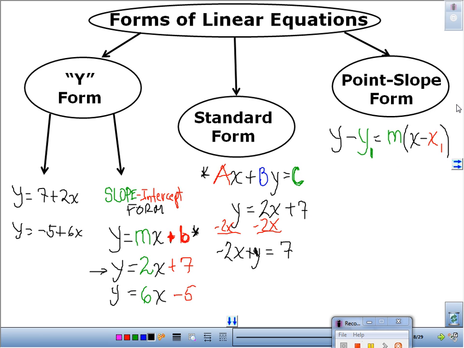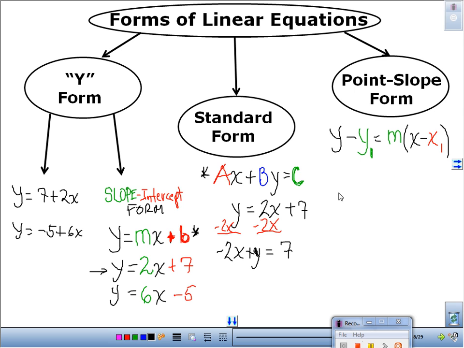Okay. Now this is the other form that we're going to be using once we start identifying and writing equations when they only give us a couple pieces of information. Right now we're not there, but we will get there pretty fast.